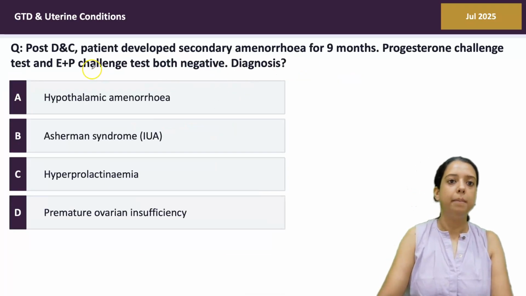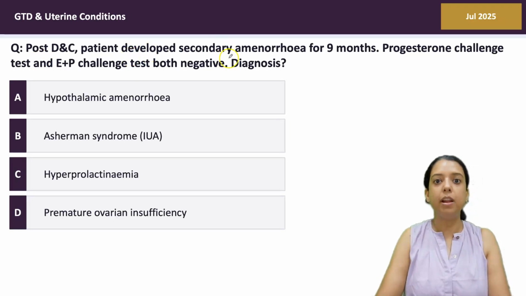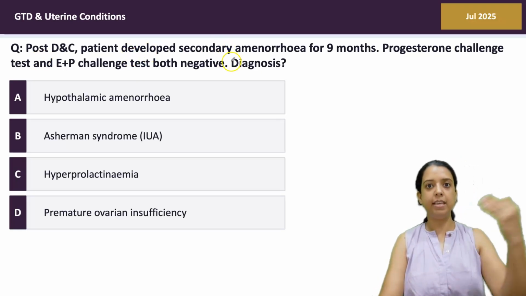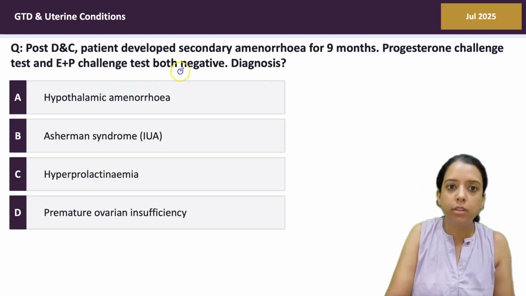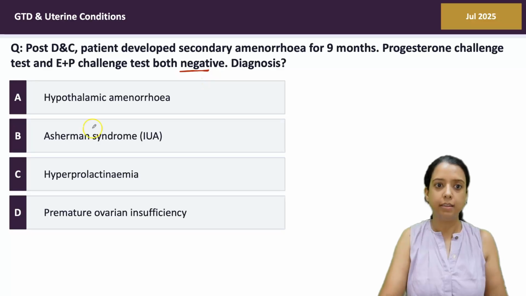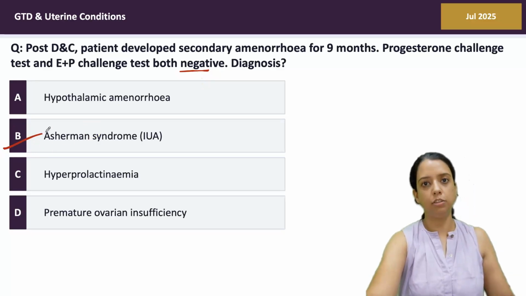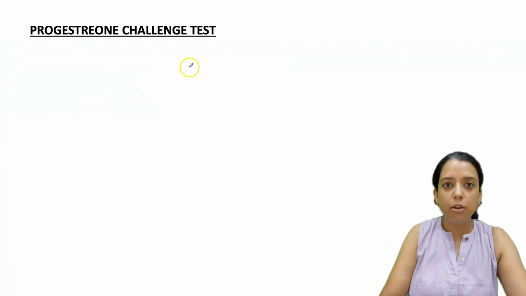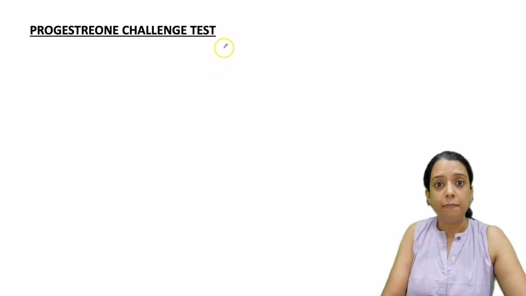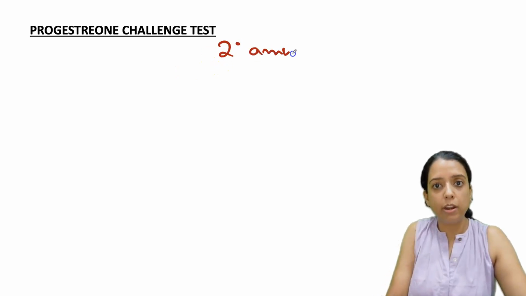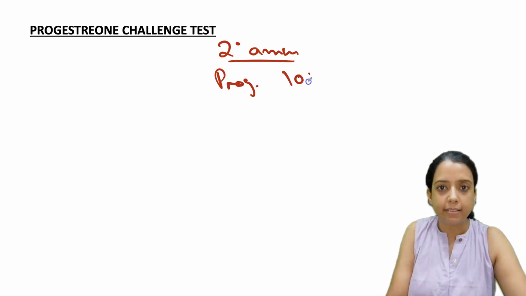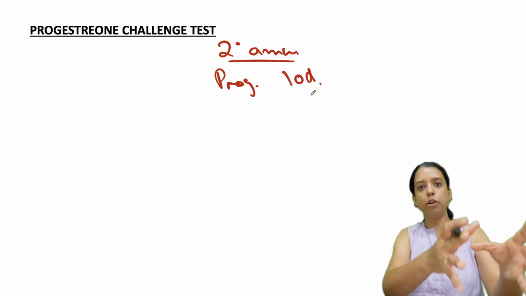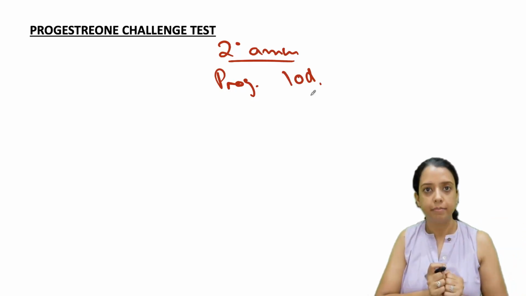Post DNC, the patient develops secondary amenorrhea. Progesterone challenge test shows both tests negative. What is it? Asherman. What is the progesterone challenge test? In secondary amenorrhea, to diagnose the reason, I do the progesterone challenge test. I give progesterone for 10 days and I withdraw.